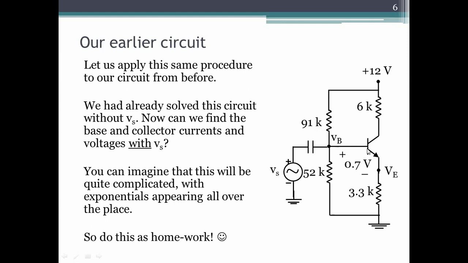When we solved this circuit, and you have solved many such circuits before the midterm also, you are very good at solving. Without the AC, when we solved this circuit, we did not assume linearity. We assumed the transistor to be a nonlinear circuit element, and we solved the circuit.